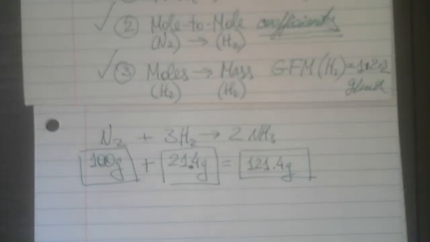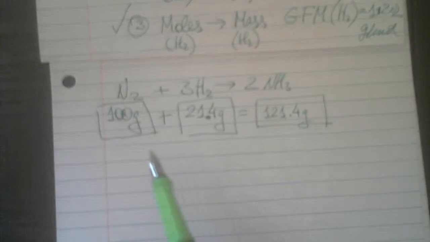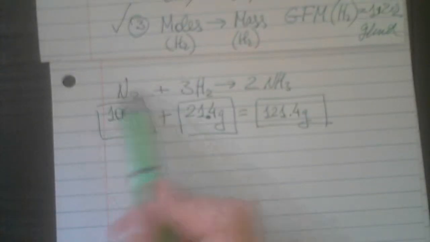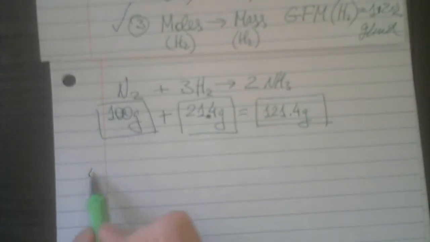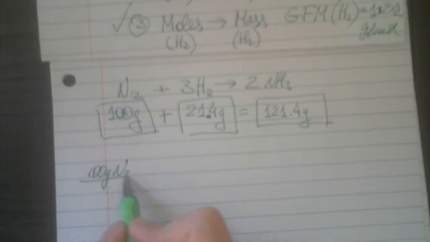That's it. We could do it as easily as this, or we can do the whole nine yards. Let's, just for checking ourselves, do the total conversion as we did before. Let's start with 100 grams of nitrogen and do exactly what we've done before.